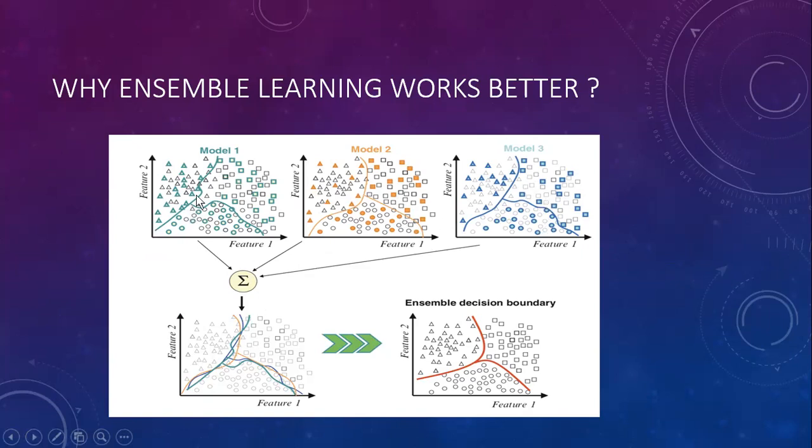These lines are decision boundaries, and the squares and triangles are different classes, with training and testing data both included. This is the decision boundary of this model, a slightly different decision boundary of this model, and this is the decision boundary of model 3.